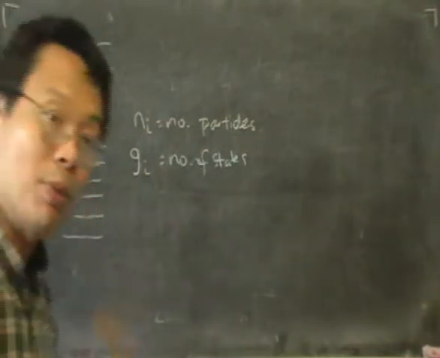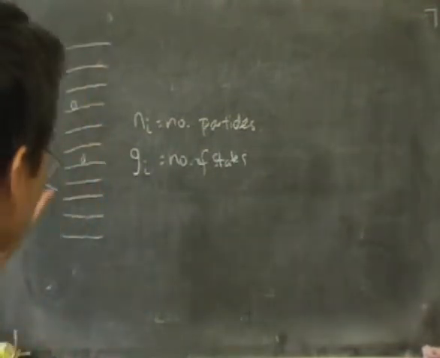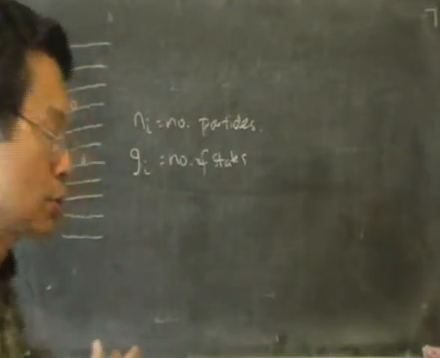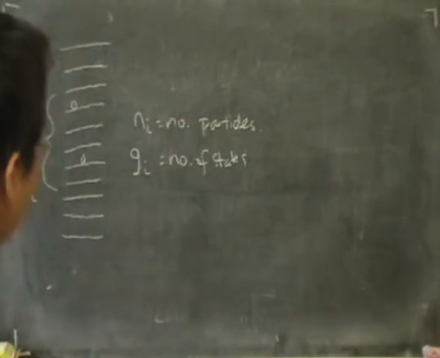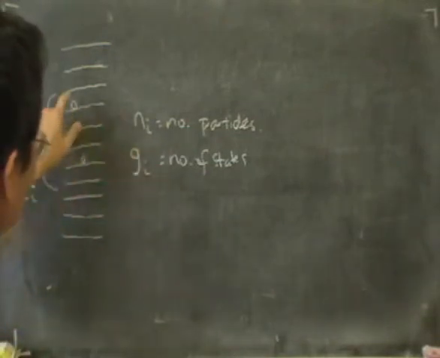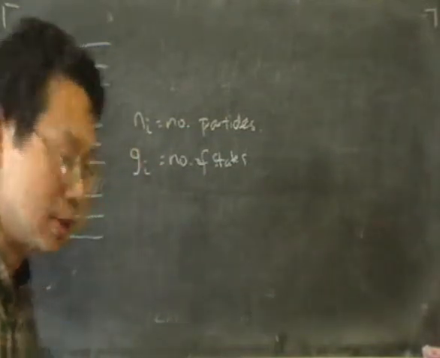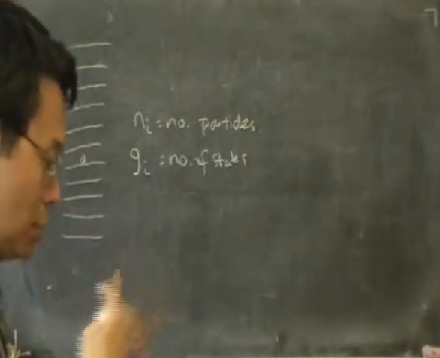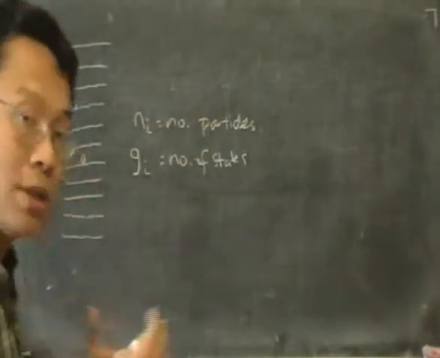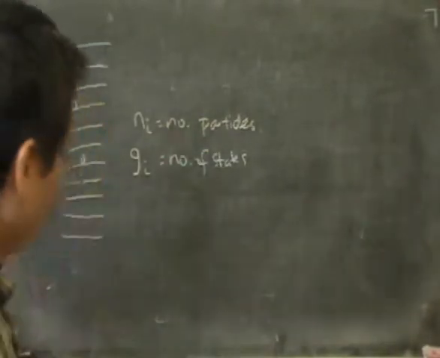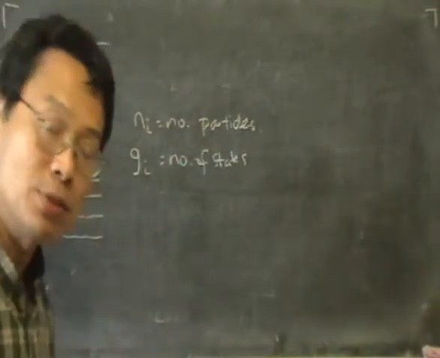Now think about these as just objects. So we have these objects of circles and lines, and we have Ni of the circles and Gi of the lines. And imagine arranging these circles and lines in different ways. So we have two different types of objects. How many ways are there to arrange them?